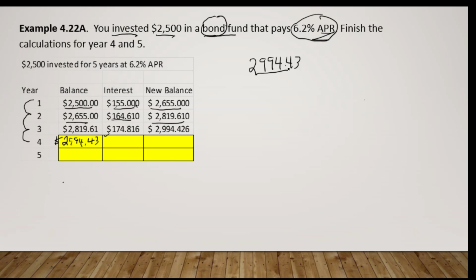You should say, well, I need to find 6.2% of this number, which I can simply do right here and put in my calculator. So that's 2994.43 times 6.2 over 100. And I get 185.65.